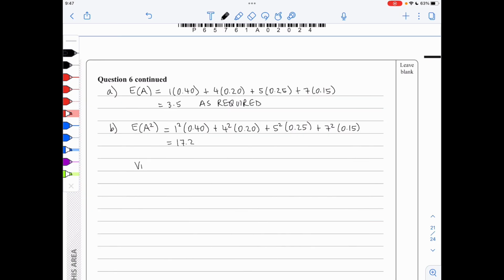And now the variance of A is simply the expectation of A squared minus the square of the expectation. So this would be 17.2 minus 3.5 squared, which gives an answer of 4.95.